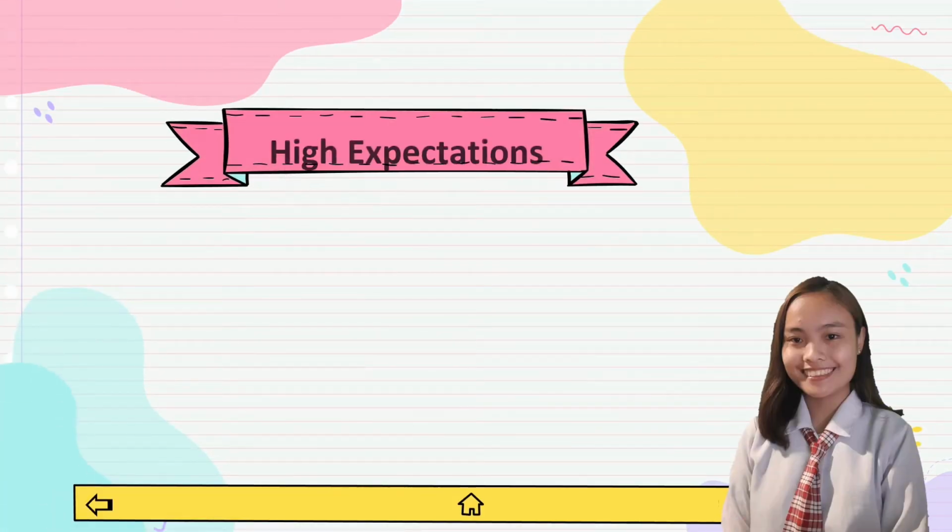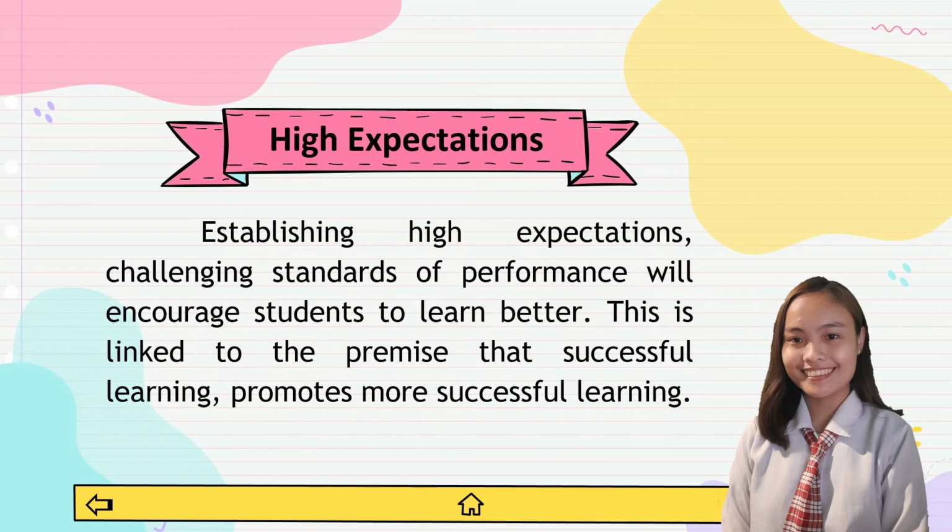High expectations. Establishing high expectations, challenging standards of performance will encourage students to learn better. This is linked to the premise that successful learning promotes more successful learning. Teachers must establish high, challenging standards of performance in order to encourage students to engage deeply with the issues about which they are learning.